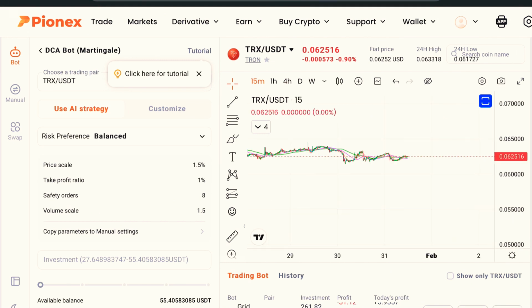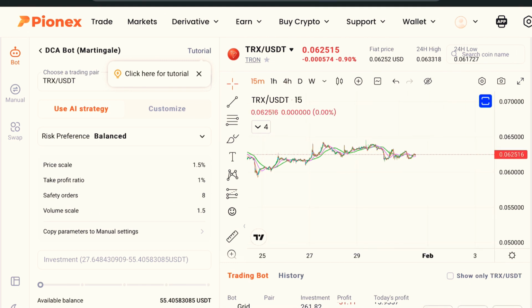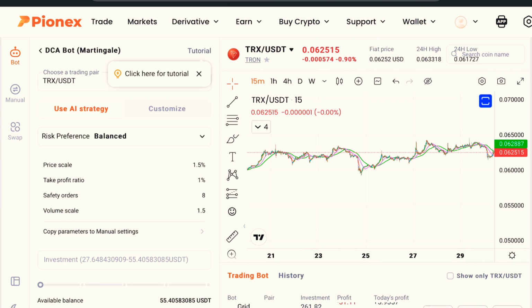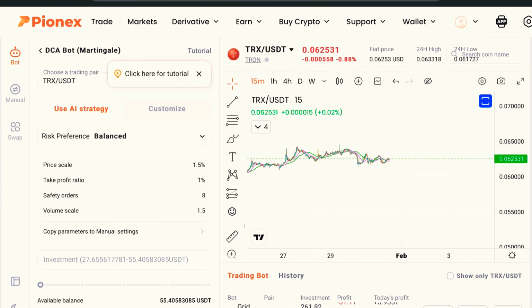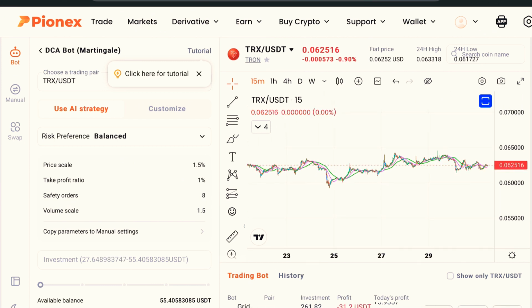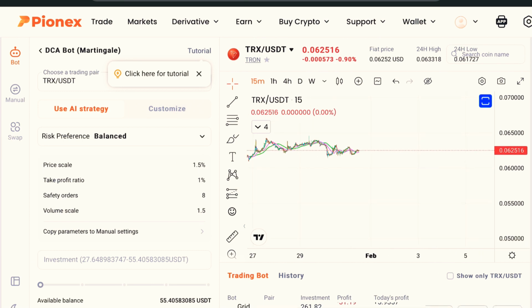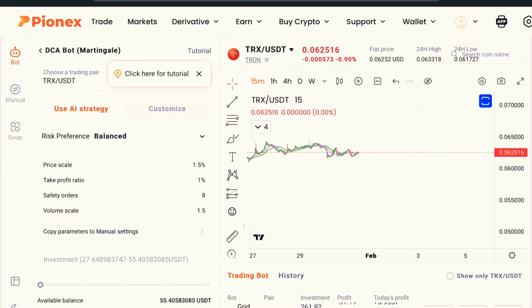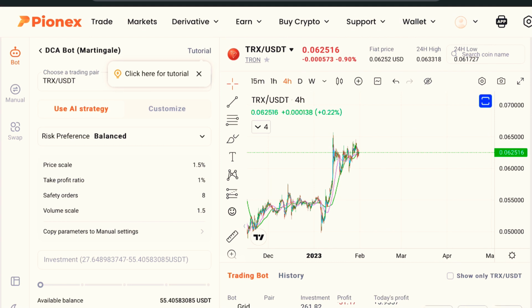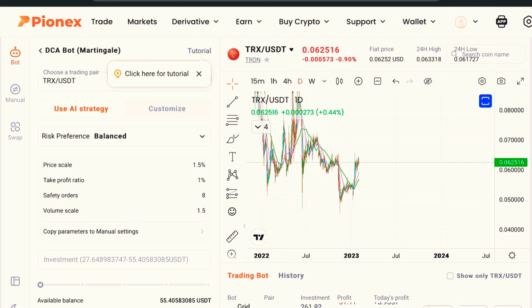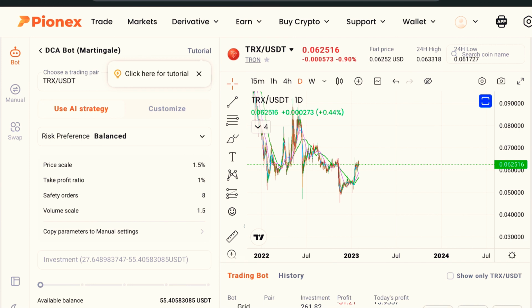Just for the sake of it, let's check the 15-minute time frame, and we see the price is again ranging here, it's at quite a low level down here, and it has retested this 0.062 mark 3 times. Going back to the 4-hour time frame, let's go to the daily time frame first and see what our potential upside is.